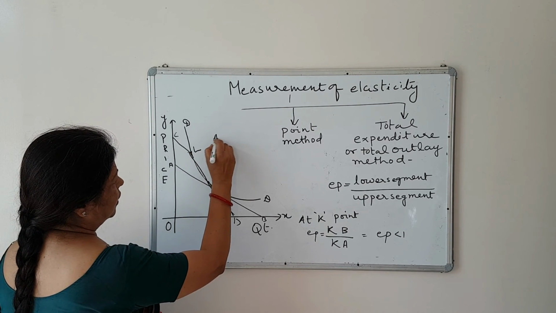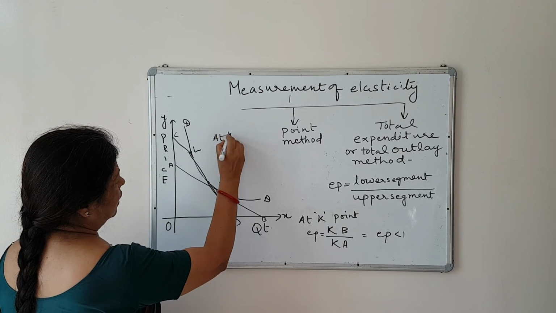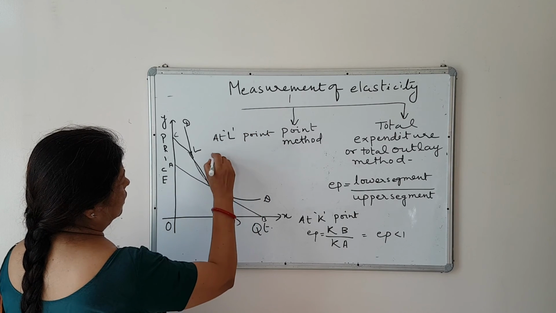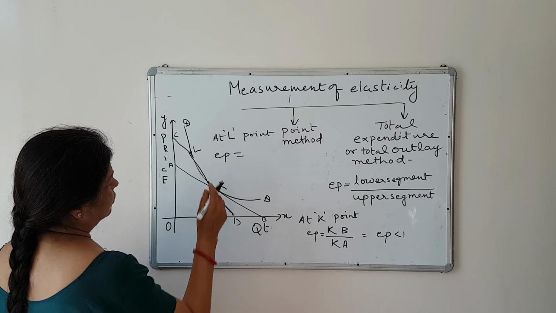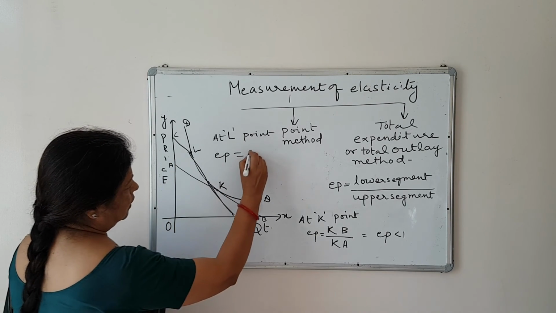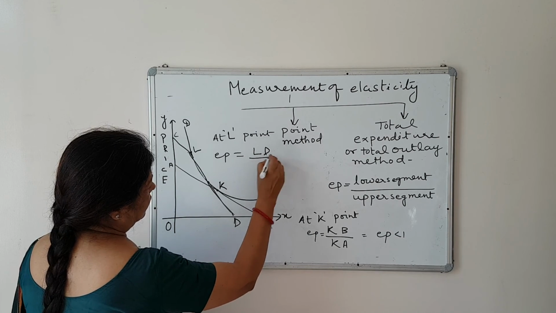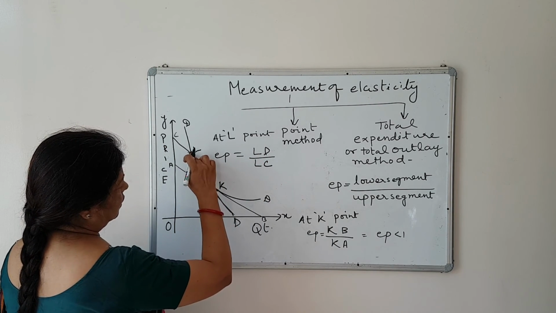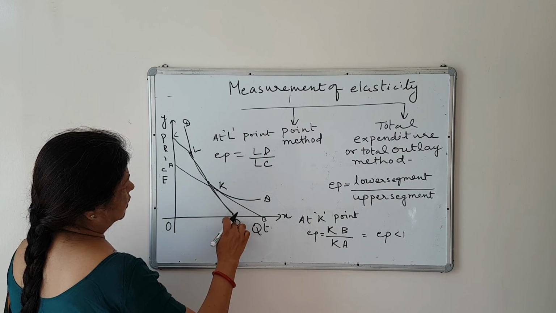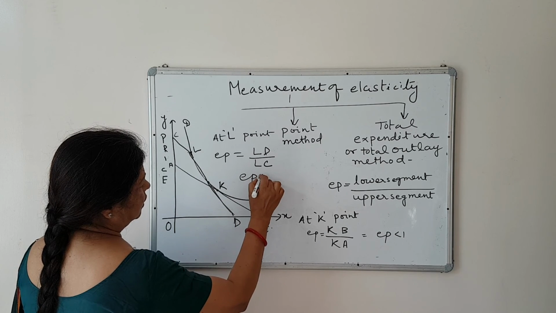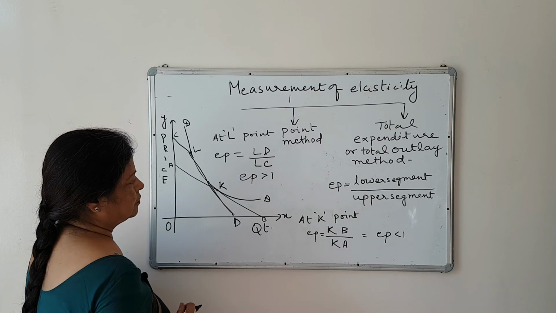So at point L, EP is equal to the lower segment LD divided by LC. You can see LD is much larger than LC, so EP will be greater than 1.